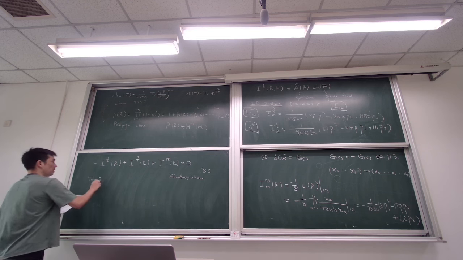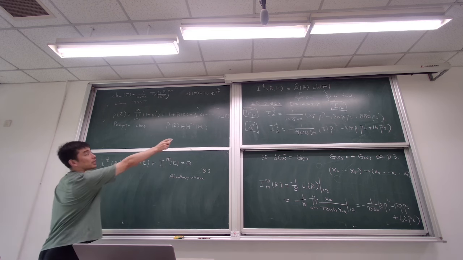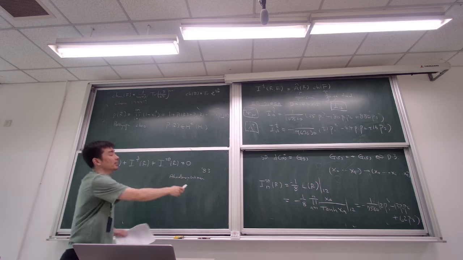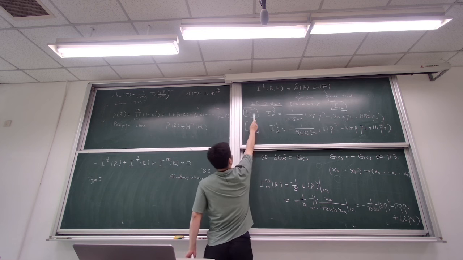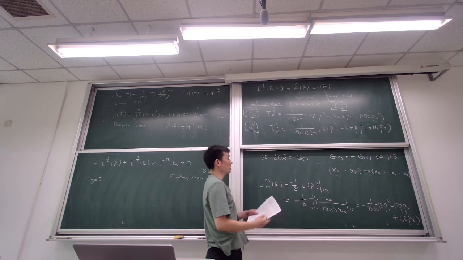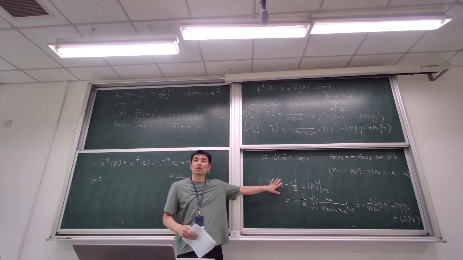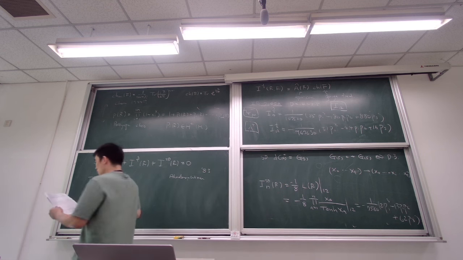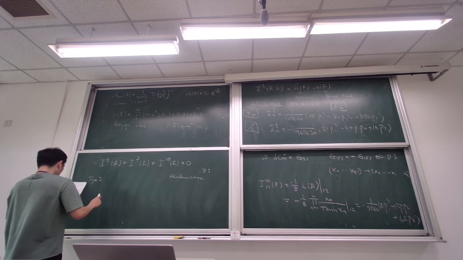Unfortunately, I don't have time for type I. Type I only looks at the gravitino and gravitino chirality, so there's no longer a self-dual form in type I. And we can do the same computation.